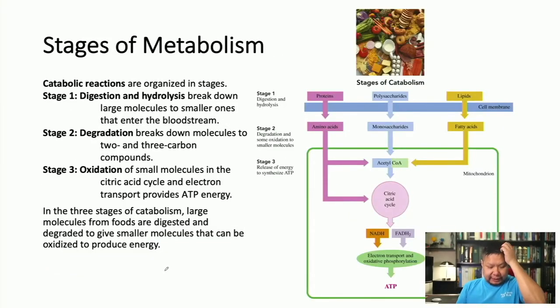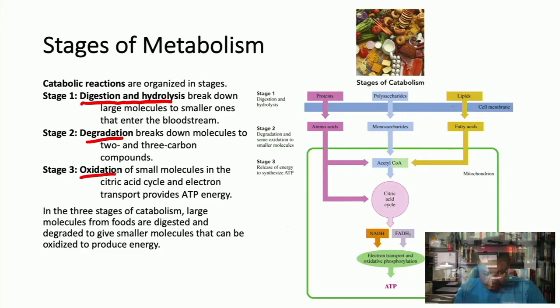So there are stages of metabolism, right? There's digestion and hydrolysis, degradation, and oxidation, three stages, and all three are pretty self-explanatory. Digestion and hydrolysis occurs when you're eating either your proteins, your sugars, polysaccharides, or your lipids.